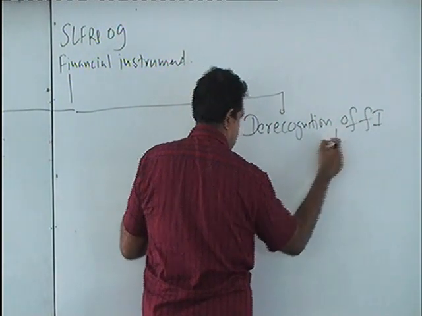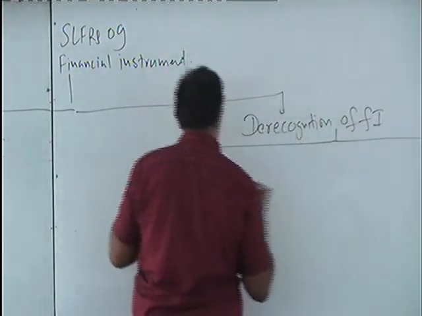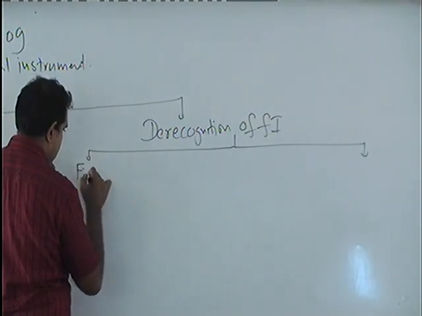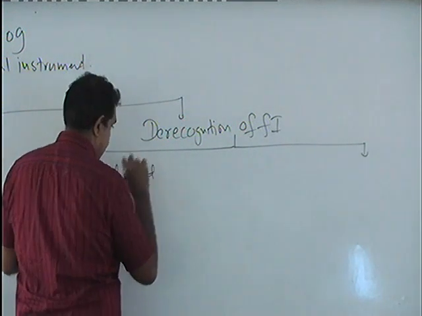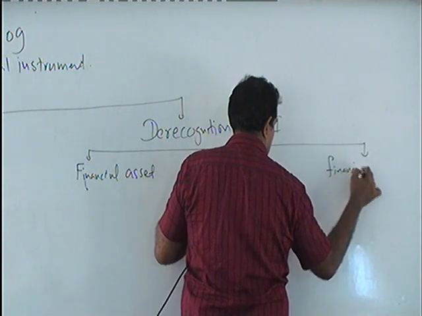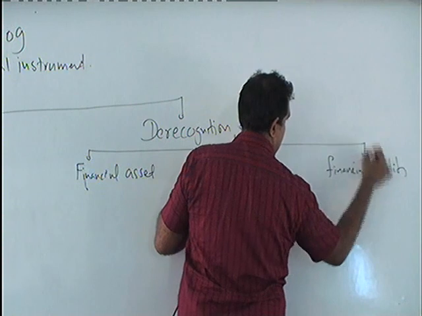That one we can divide into two: financial asset derecognition and financial liability derecognition.